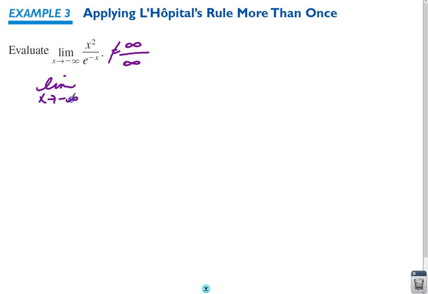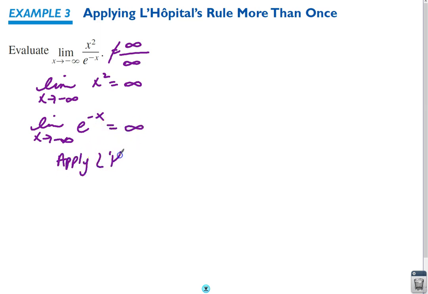The limit as x approaches negative infinity of x squared is infinity. The limit as x approaches negative infinity of e to the negative x is also infinity. So I apply L'Hopital's, and I get the limit as x approaches negative infinity of the derivative of the top, 2x, over the derivative of the bottom, negative e to the negative x. So I plug in and do direct substitution yet again.